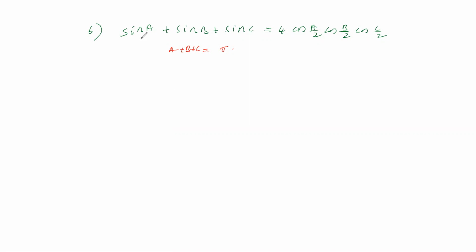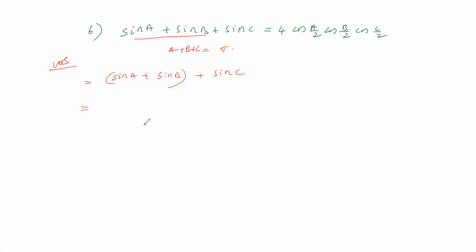Now see here, first we are adding these two terms. On the left hand side we are taking sin A plus sin B, and with this sin A plus sin B we are adding sin C. This is the left hand side.